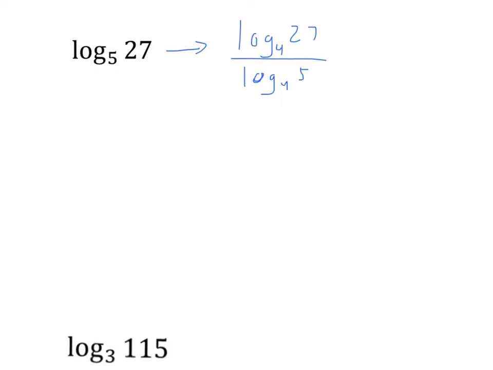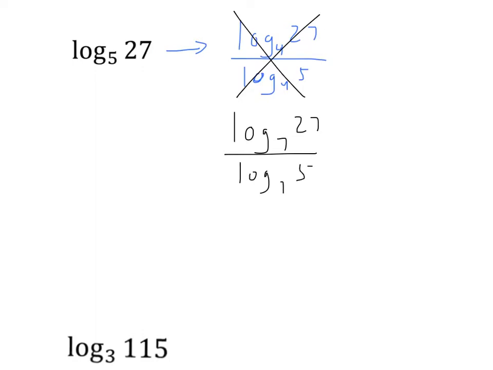You could use whatever base you want. If you didn't like 4, we could have done it another way. Let's say I like the base of 7. I could make this the log base 7 of 27 divided by the log base 7 of 5. And still, you could do whatever base you want.